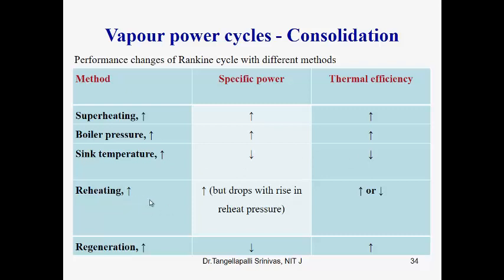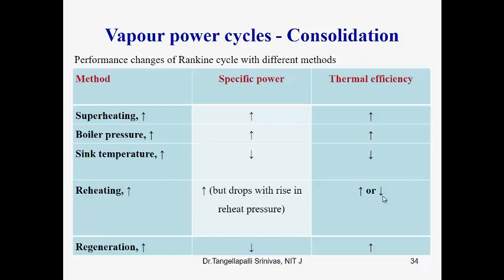Reheating: the output is decreasing because of the enhanced expansion in the high pressure steam turbine as well as the low pressure steam turbine. But it drops with the rise in reheat pressure, because in this analysis, increasing the reheat pressure beyond the optimum gives a drop in output, but generally the specific output is increasing.